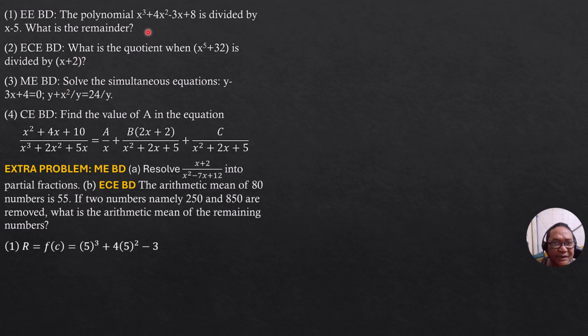Substitute into the original: 5 cubed plus 4 times 5 squared minus 3 times 5 plus 8. So the remainder is equal to 218.